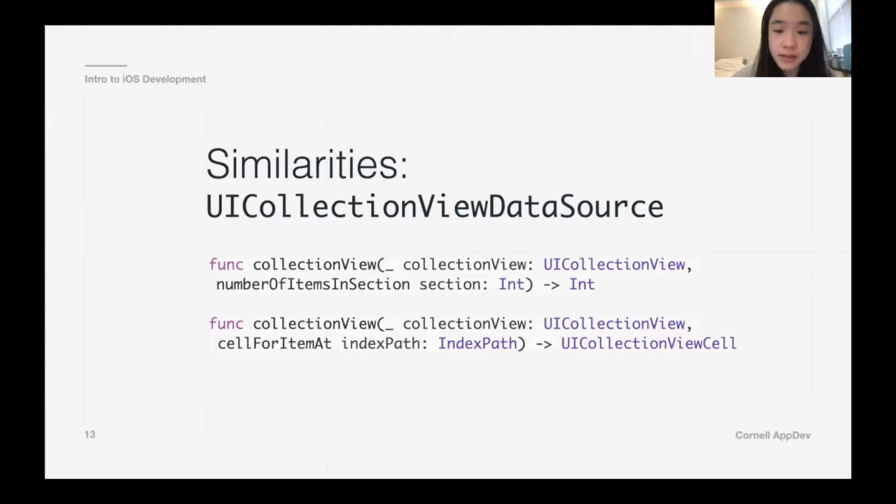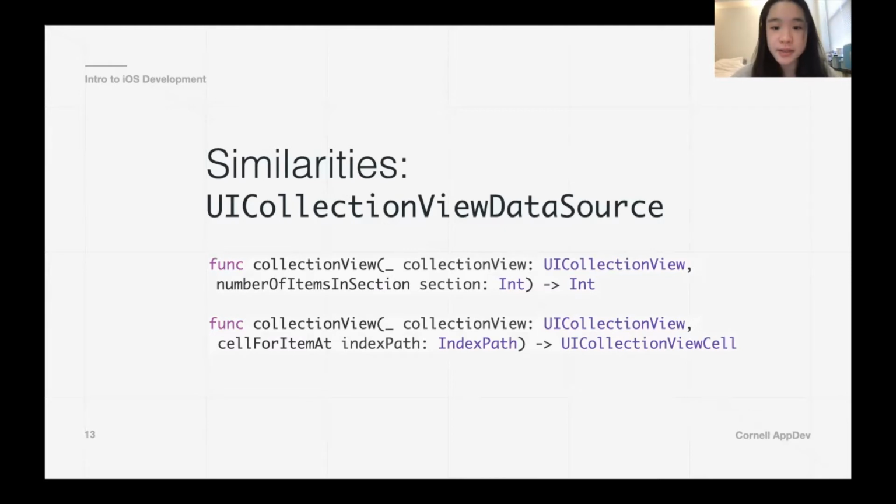And so collection views also have a data source similar to table views. It's called UICollectionViewDataSource, and similar to table views again, you have to specify a number of items in section and cell for item at methods. So instead of rows for table views, we have items for collection views.